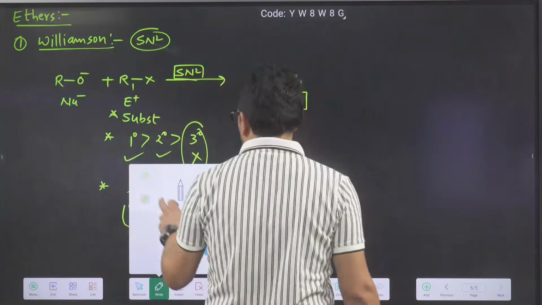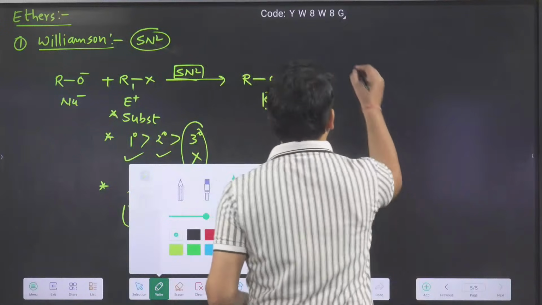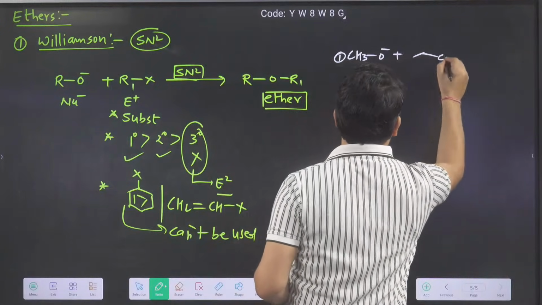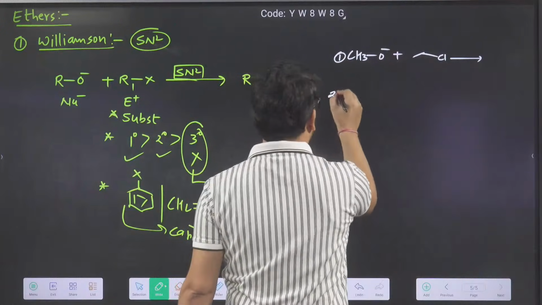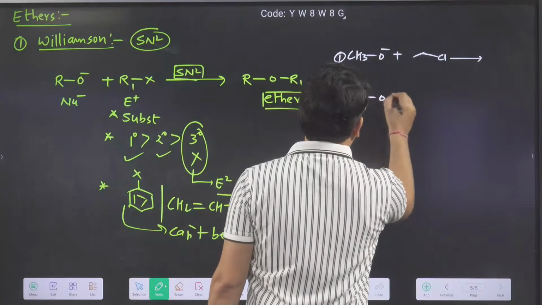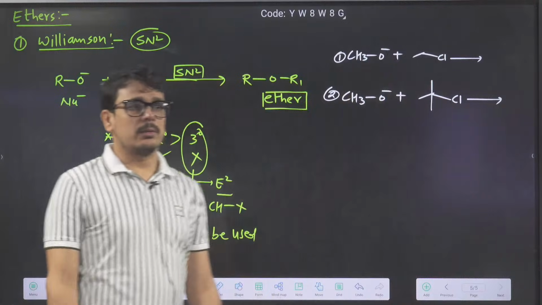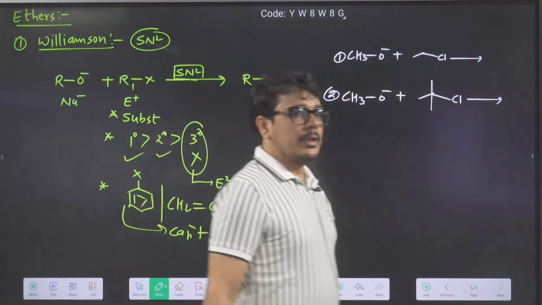So now if I'm using this question here, CH3O minus reacting with this one. Second, CH3O minus reacting with this one. What is the difference in these two reactions?